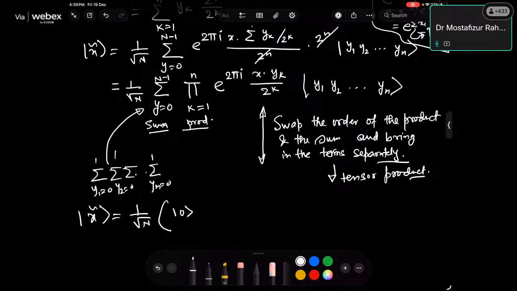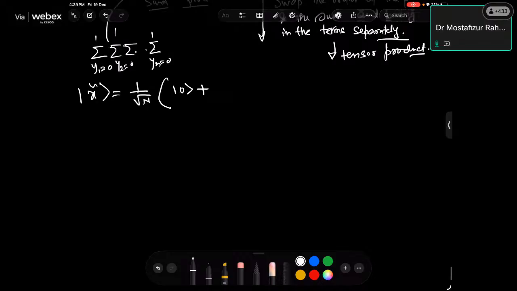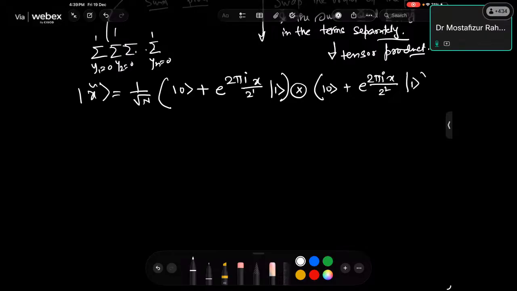Each of y1, y2 to yn can take either 0 or 1. So the first qubit will be ket 0 times e to the power 2 pi i x by 2 to the power 1 ket 1.